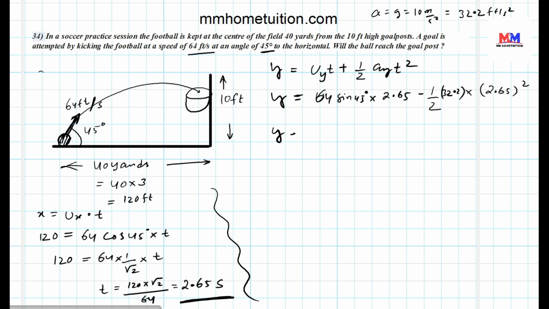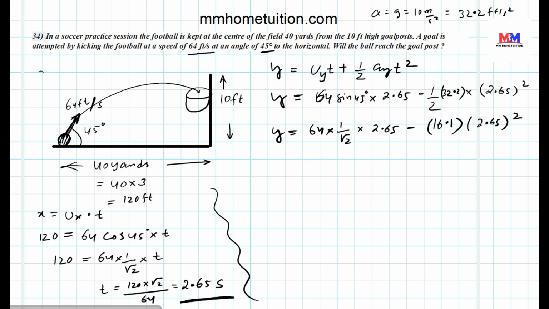So 64 sin 45 is 1 by root 2, into 2.65, minus half of 32.2, so this is 16.1 into 2.65 square.